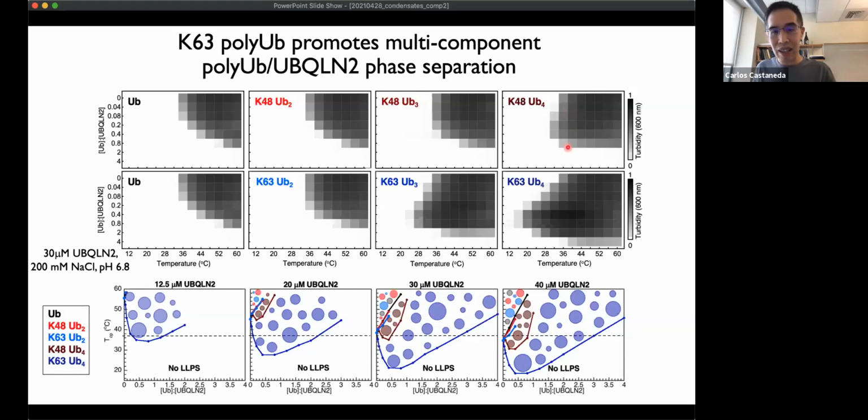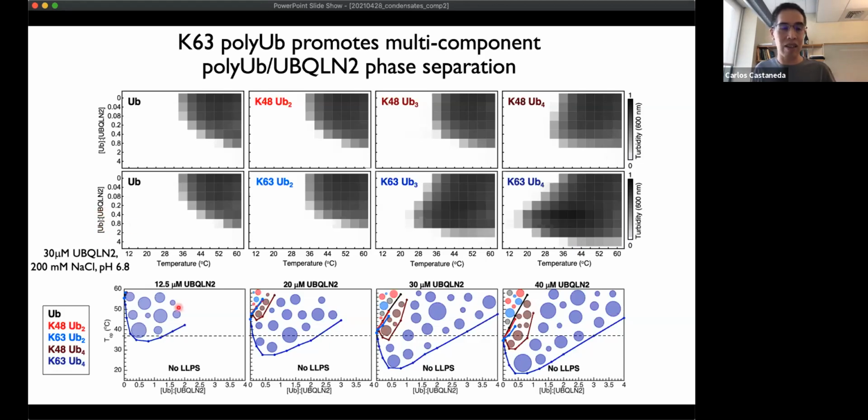You can start to see a slight enhancement with K48, but it's really prominent with K63 tetraubiquitin. In fact, it's almost a bit like reentrant phase behavior in the sense that we're switching, right? We're promoting phase behavior and eventually inhibiting phase behavior as you go to higher ubiquitin to ubiquilin ratios.